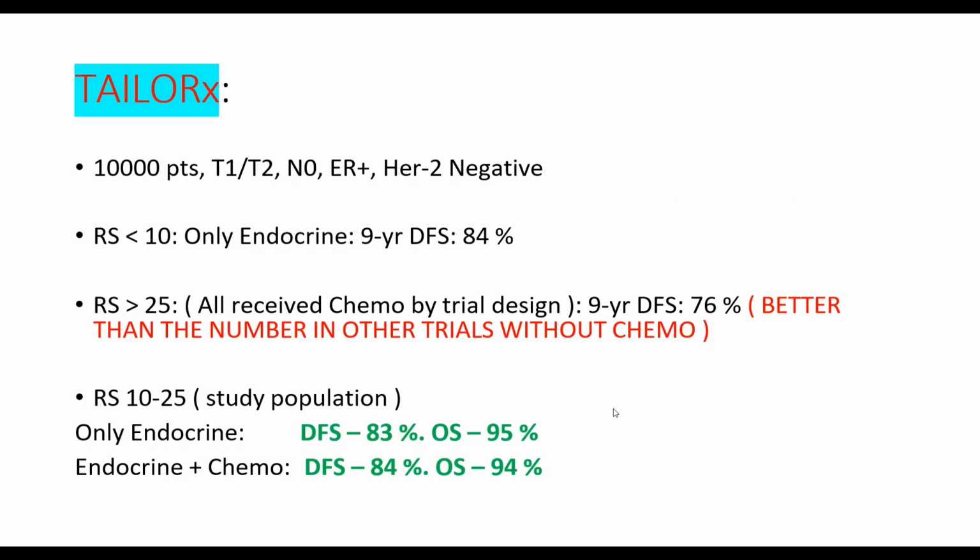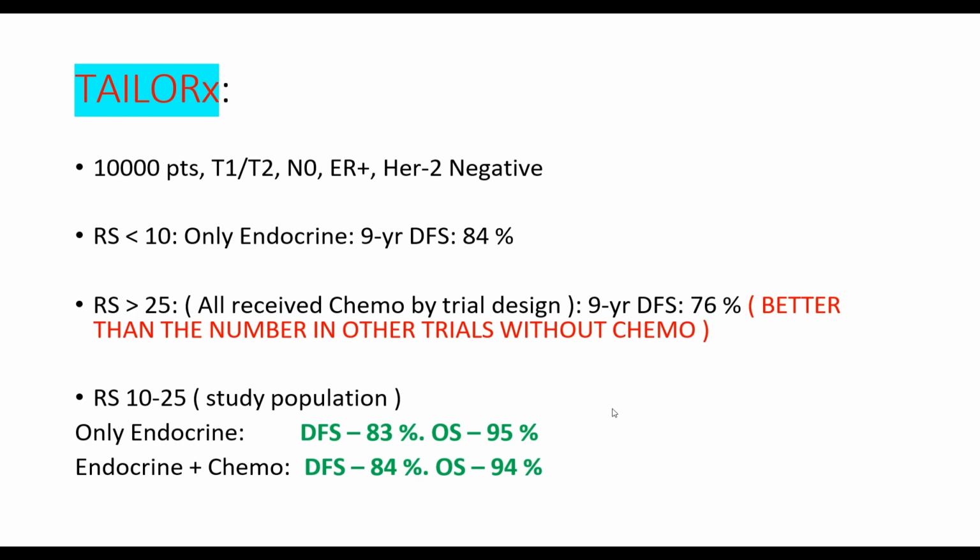So there is this trial called the TAILORx, in which 10,000 patients roughly with T1 and T2, that is less than 2 centimeter, node negative, hormone receptor positive, HER2 negative breast cancers underwent this Oncotype DX to arrive at a recurrence score. Any recurrence score more than 25 would automatically require chemo by trial design, because a high recurrence score basically means a very poor biology tumor.